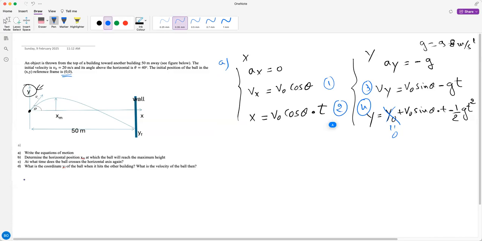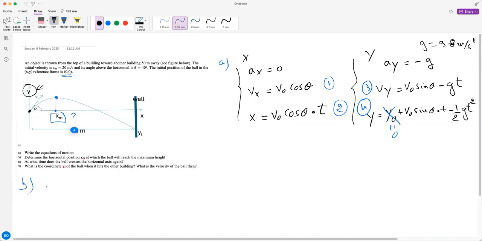Now the second question is: determine the horizontal position at which the ball will reach the maximum height. We are talking about this position, xm, because at this position the ball will reach the maximum height. What is the maximum height?